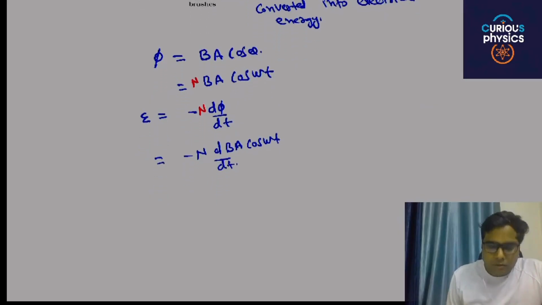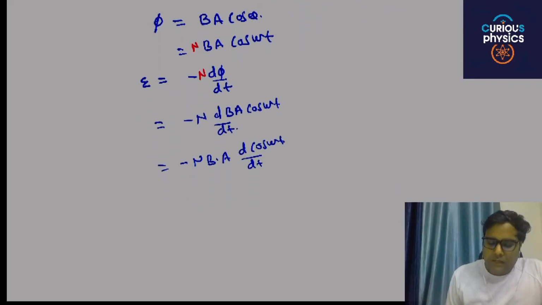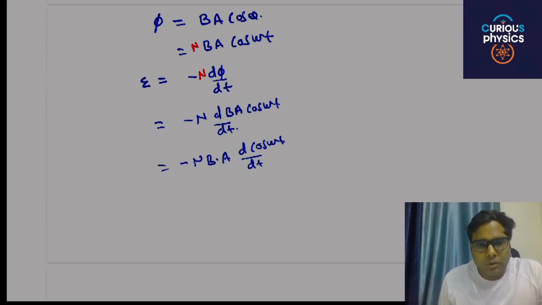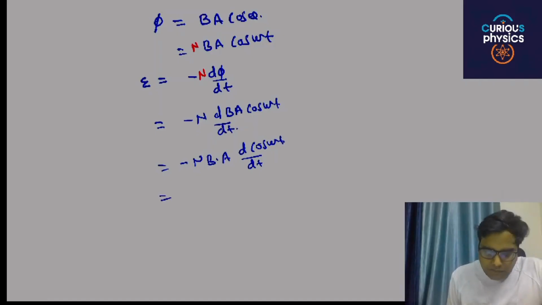B and A are constant, so minus n B A times d cos omega t by dt. What is the differentiation of cos omega t? The differentiation of cos omega t is minus sin omega t, and minus times minus will be plus, so E equals n B A sin omega t.